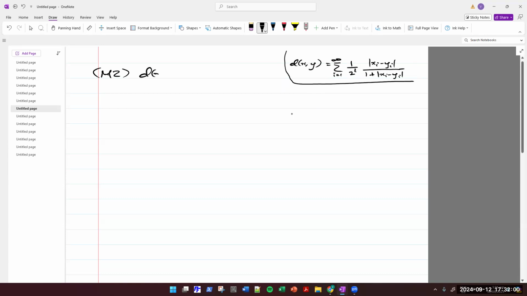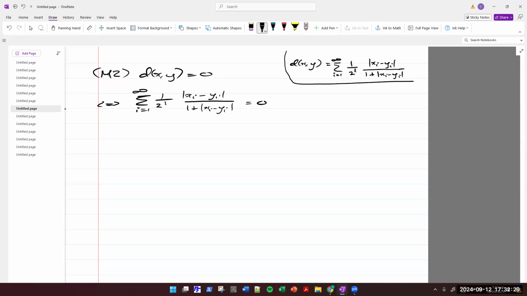So if you take d of x, y happens to be 0, then this means that this series is summing to 0.